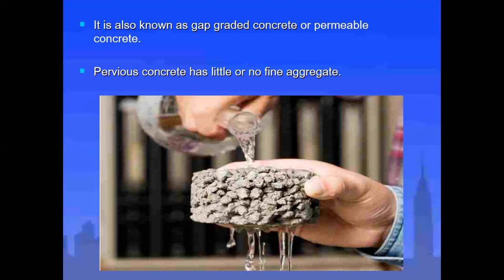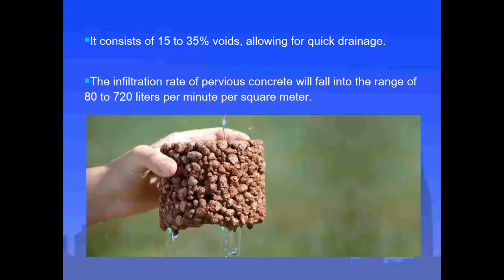Concrete becomes porous in nature if the voids are present in it. If the voids are not present in the concrete, we can't pass the water through it. And the density of the concrete will be more if the voids are less. In this part, it consists of 15 to 35% voids.